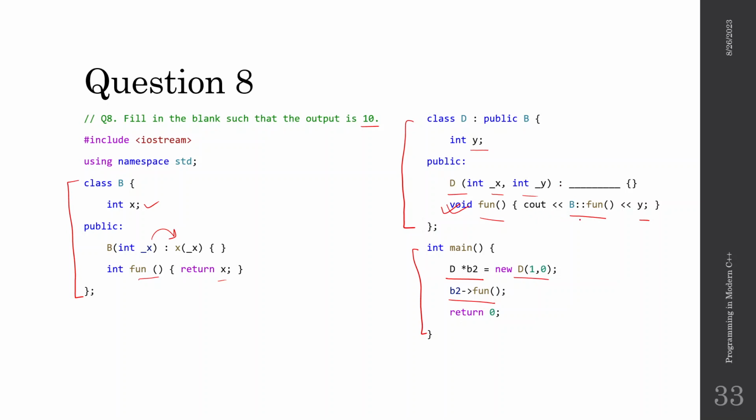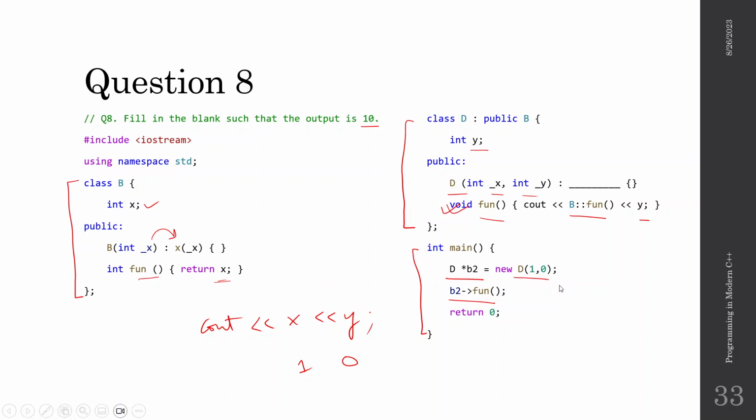This fun function prints B colon colon fun, and then it prints Y. And B colon colon fun prints X. So that line simplifies to cout, X, and Y. Now we want to print 10. 10 has two digits, 1 and 0, so we have to set X to 1 and Y to 0.